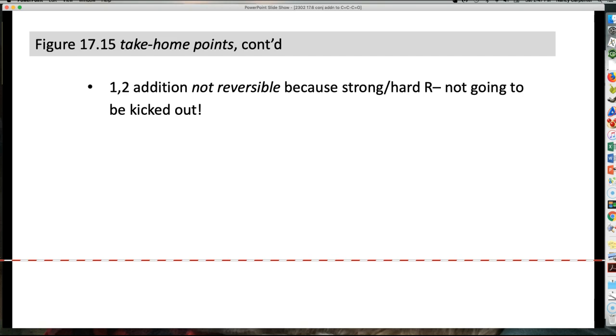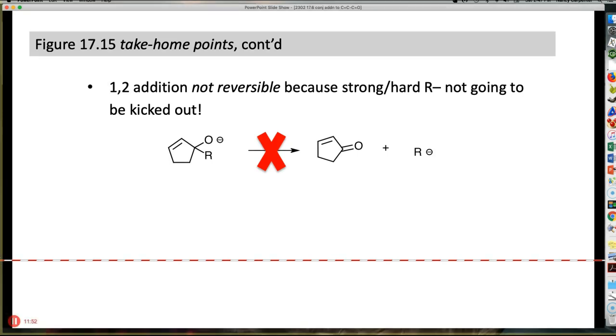There's nothing reversible about that. Whereas, so let's just make this clear, that reverse reaction here, where maybe this would come back out and kick that out, you know that's not going to happen. That is very disfavored. Terrible leaving group. Don't go there.